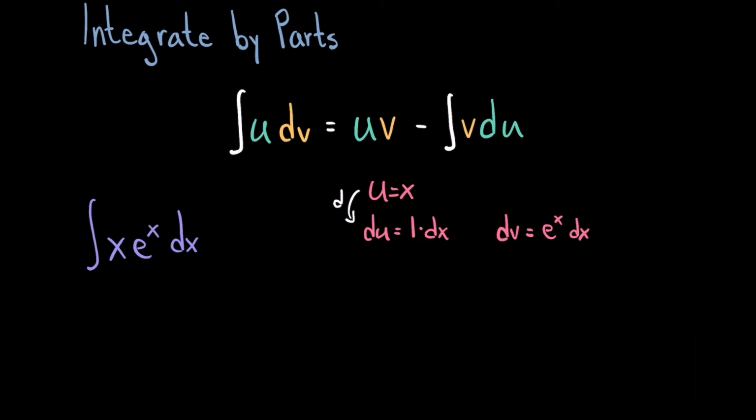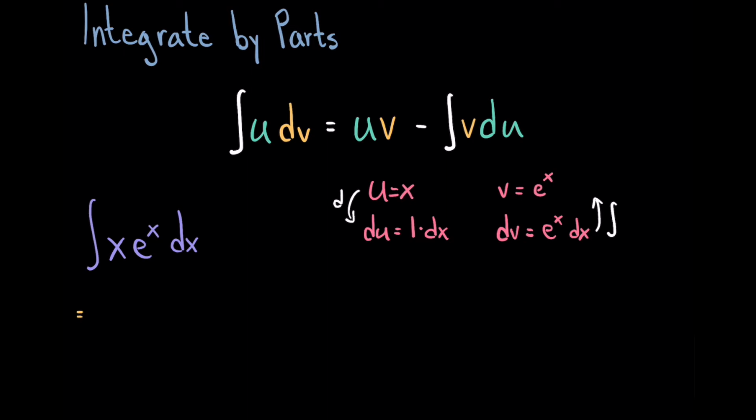And to find out what v is, because we'll need that on two occasions, we will take the integral of both sides. The integral of dv is just v, and the integral of e to the x, that's very simple, that's just e to the x. It doesn't change. So now we have all the information necessary. Let's go about solving this problem.